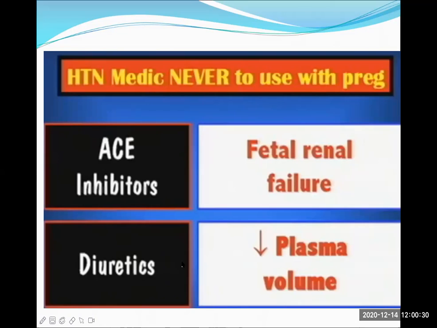Diuretics like furosemide and hydrochlorothiazide decrease the plasma volume, and by decreasing the plasma volume, they can decrease the blood flow towards the baby. So these are not used during pregnancy.